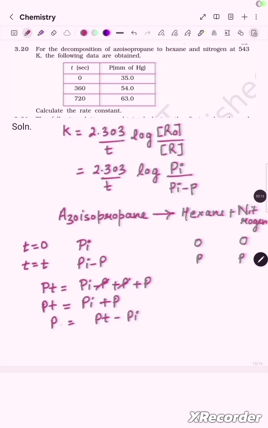Now here P is calculated as total pressure minus initial pressure. Two times are given, 360 seconds and 720 seconds, and the pressures are 54 and 63.